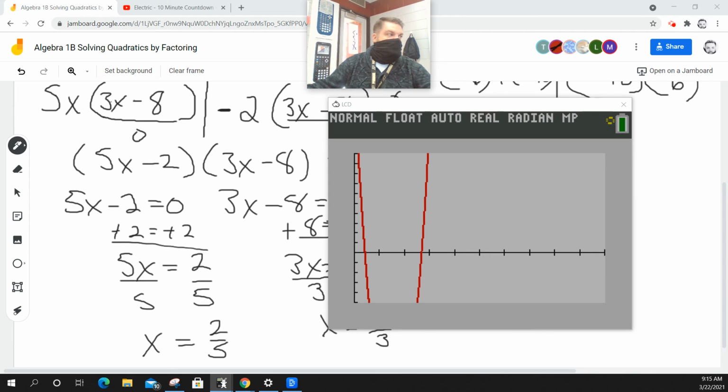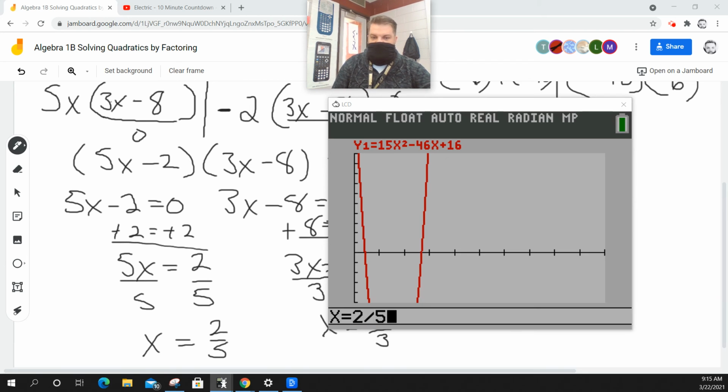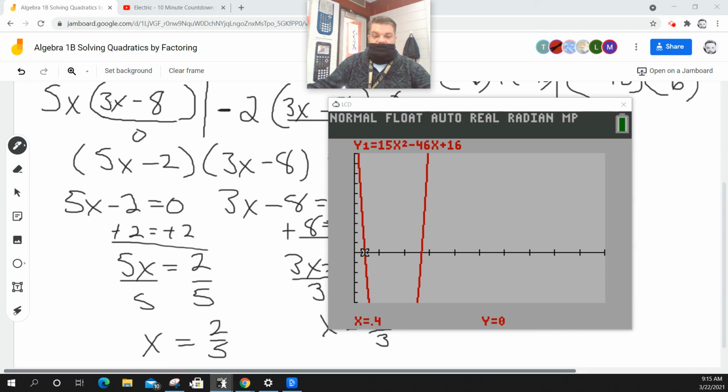So now if I hit trace on my calculator, I'm literally just going to enter in 2 divided by 5. You hit the trace button and then enter in 2 divided by 5. What it'll do is it'll tell me exactly what the y value is at 2 divided by 5, and it should equal 0. See how y equals 0?